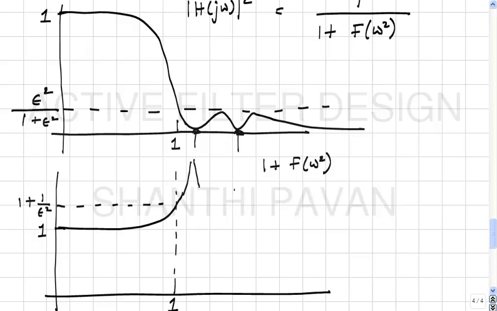At the first maximum, it will come back to 1 plus 1 by epsilon square, then go to infinity, again come back to this value, and then eventually as omega tends to infinity, this will also tend to infinity. Is that clear? Does it make sense?